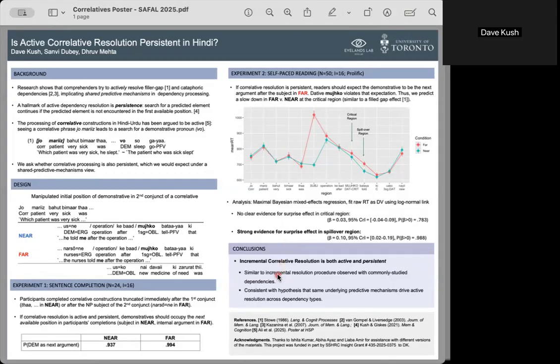And we think that these results are consistent with the hypothesis, due to Nina Kazanina and colleagues, that the processing of forward-looking dependencies engages the same predictive mechanisms, irrespective of exactly what the dependency type is.